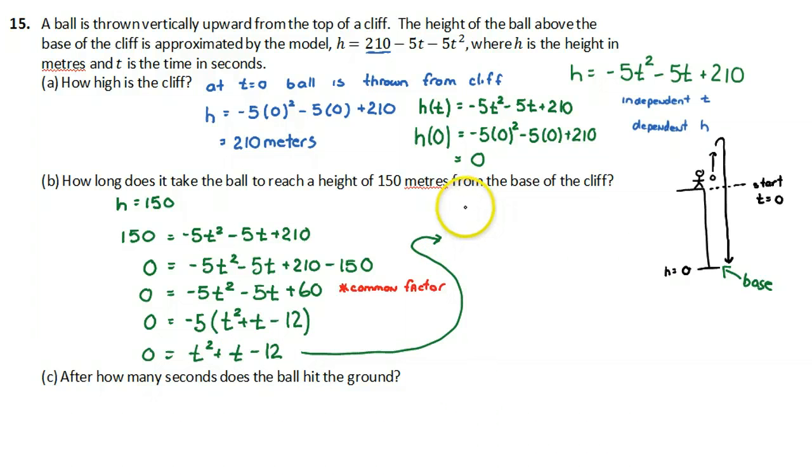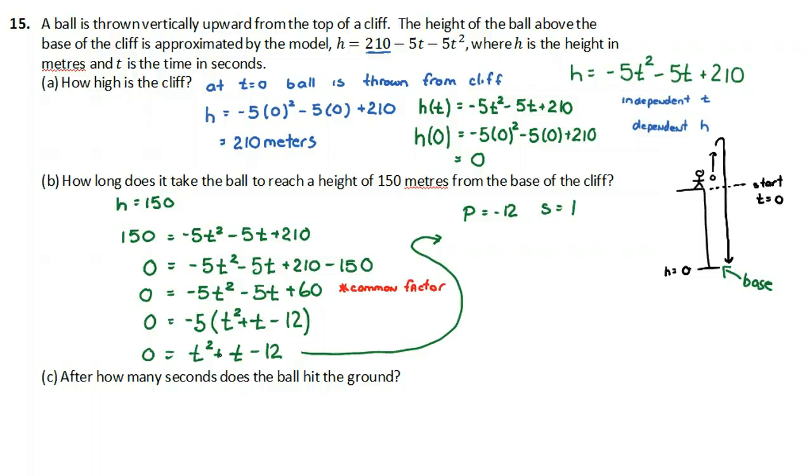So what I need is two numbers whose product is -12 and whose sum is 1. So we know these two numbers are going to differ by 1. And if the product's negative and the sum's positive, that means one of these values is going to be positive and one negative, and therefore the larger number is going to be positive.